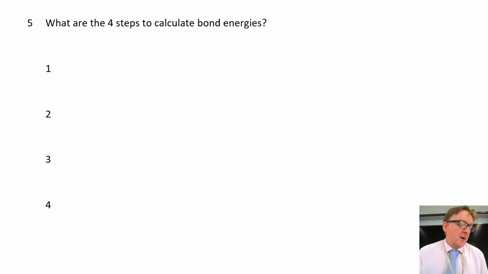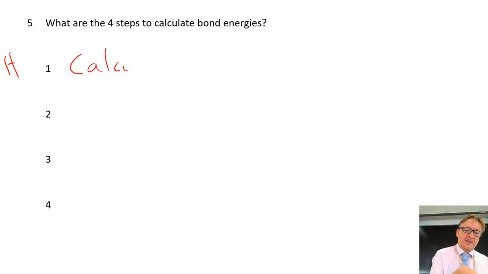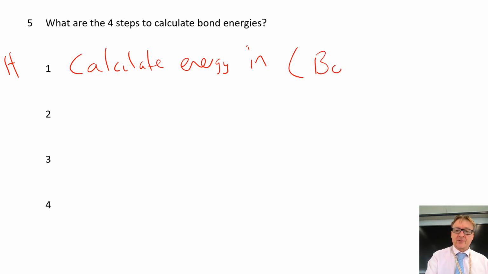Question number 5. What are the 4 steps to calculate bond energies? Now this is a higher topic, so just be aware. The first thing you do is calculate the energy in, which is bonds breaking.